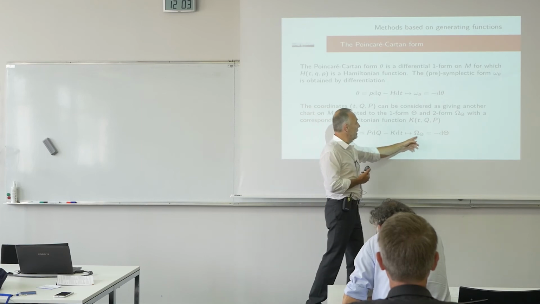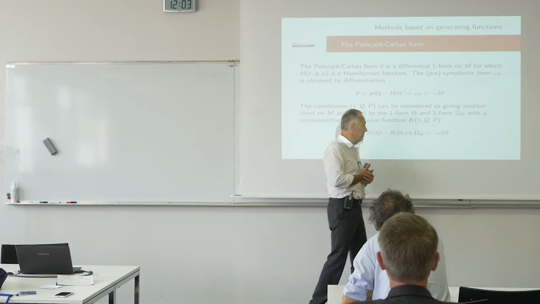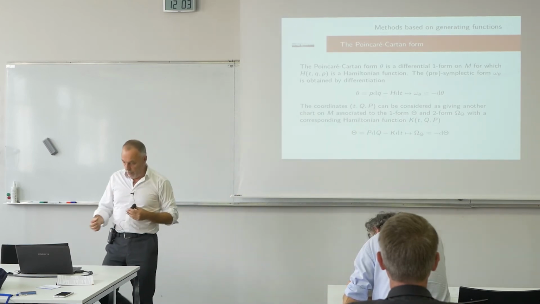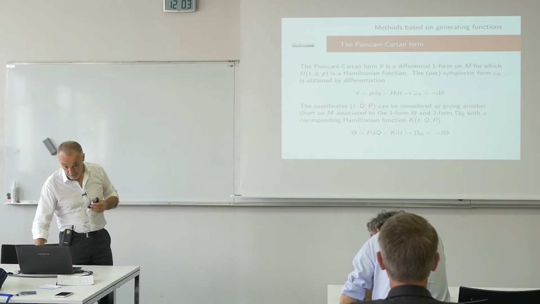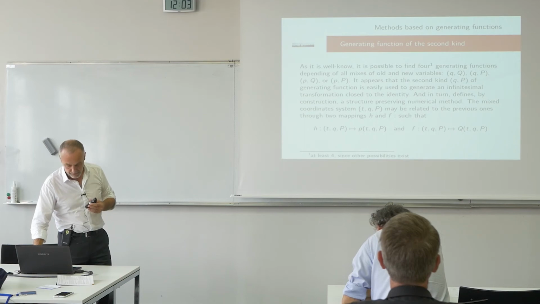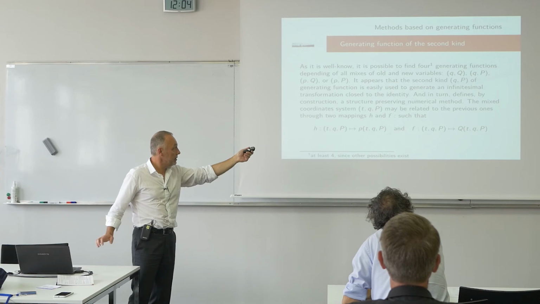If you differentiate the Poincaré-Cartan form, you will obtain the symplectic forms. So you have to push forward, no, pull back the two forms by those two transformations f and h.